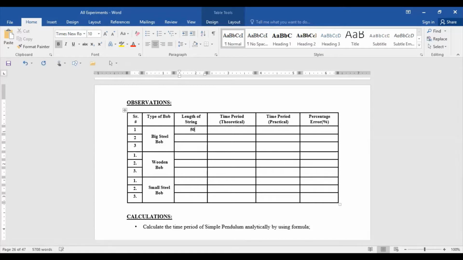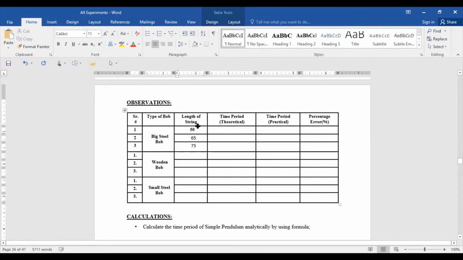So for example, the first one is 50, the second one you have taken is 65. Whatever the unit you have taken, you should write down. If you have taken the length in millimeter or meter, you should write it down here. For example, if I have taken this length in centimeter, I have to write it down in centimeter. It's up here, that's why I did not write any unit over here.